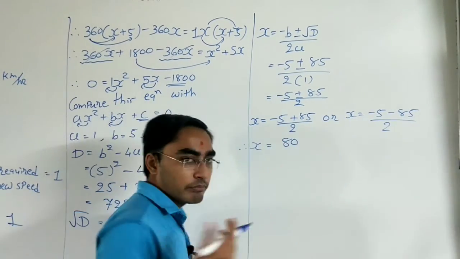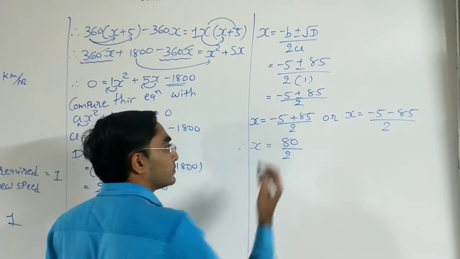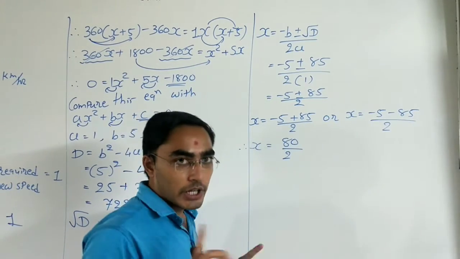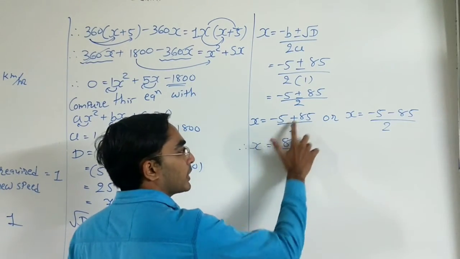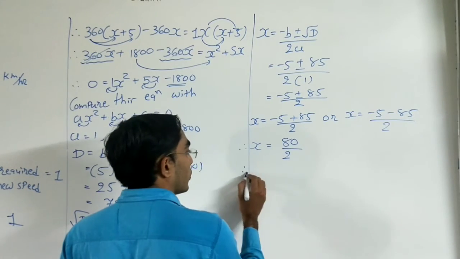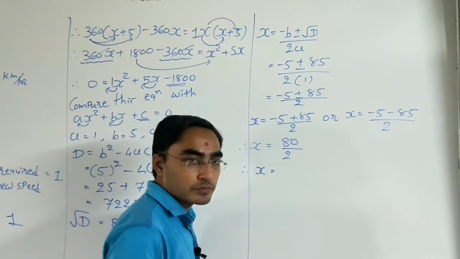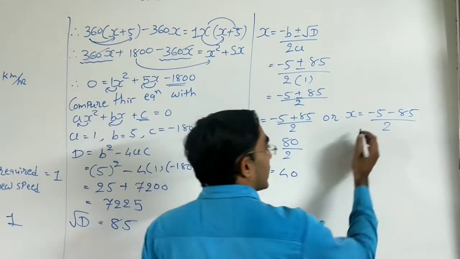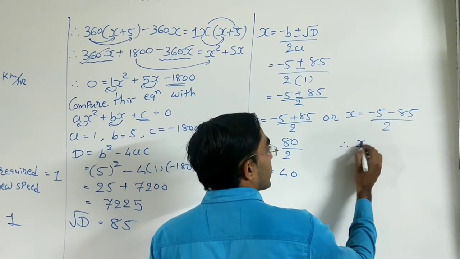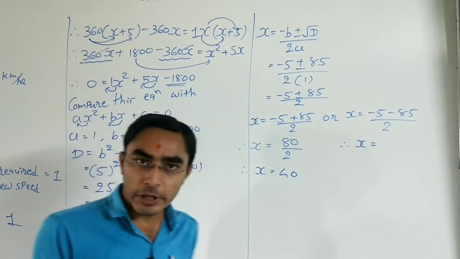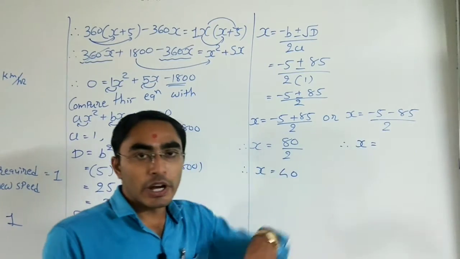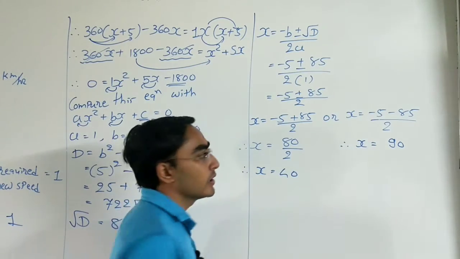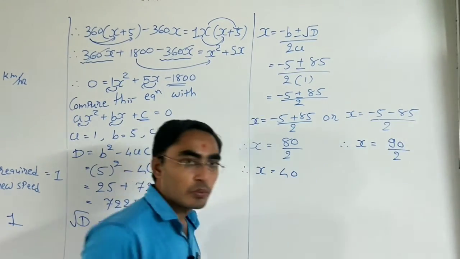80. The bigger number's sign is positive. Divided by 2. Okay. Plus minus minus 85 minus 5, 80, divided by 2. The bigger number's sign is positive. So x is equal to 80 by 2, 40. Okay, so x is equal to 40. Now here x is equal to minus minus plus, so we need to add these two numbers. 85 plus 5, 90 divided by 2.